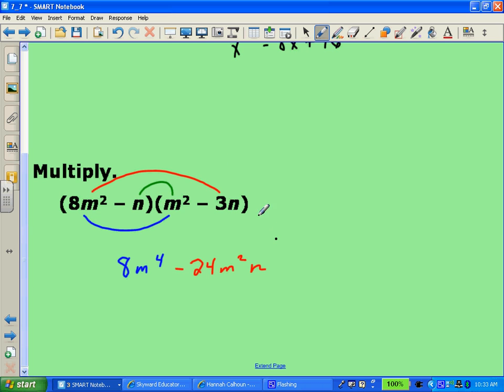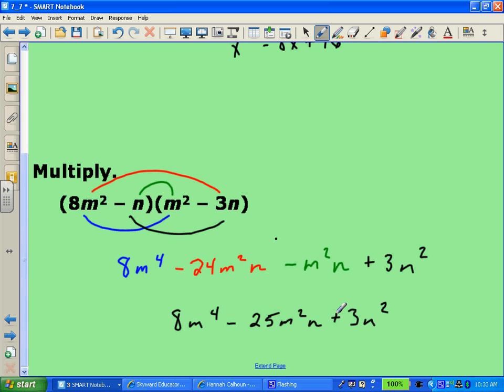Okay, inner, got right here negative n and m squared, so it's going to be minus m squared n. And last, I got negative n and negative 3n, so that's going to be plus 3n squared. So then, when I combine my like terms in the middle, I got minus 25 m squared n and plus 3n squared.